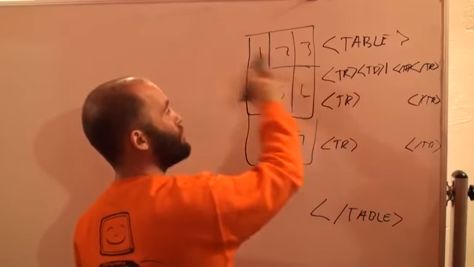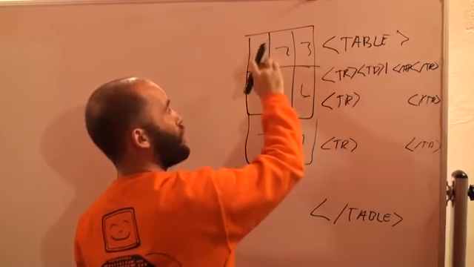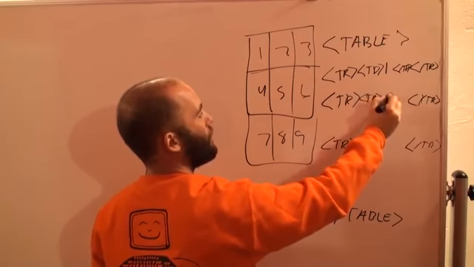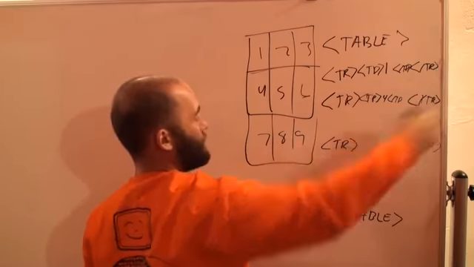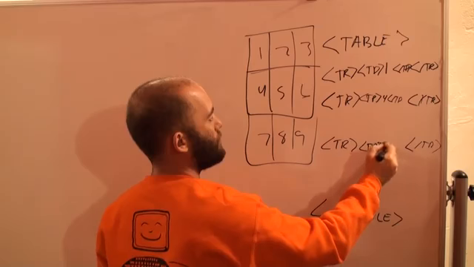So the TRs open and close the entire row. TD opens and closes the cell. So this would have TD 4, and then TD, and then TD 5, and TD 6, and TD, and this would have TD 7.